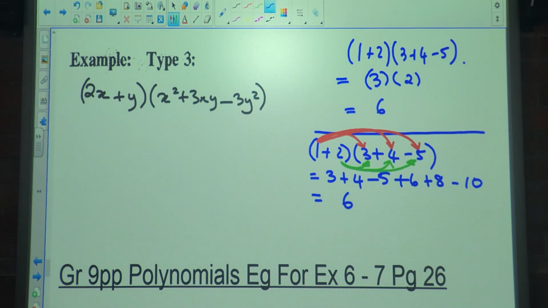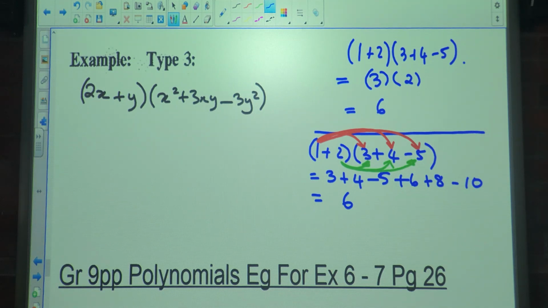Now, looking at the example at hand, you got 2x plus y, in brackets, into x squared plus 3xy minus 3y squared. Could we apply the commutative property first? Could we add the like terms inside the bracket first? No, why not? They are all unlike terms. So what does that mean?